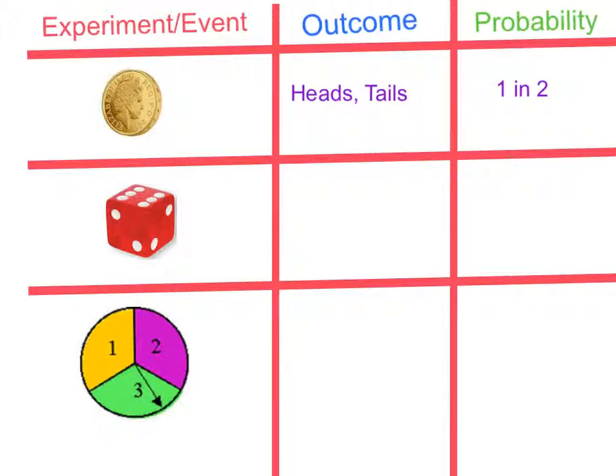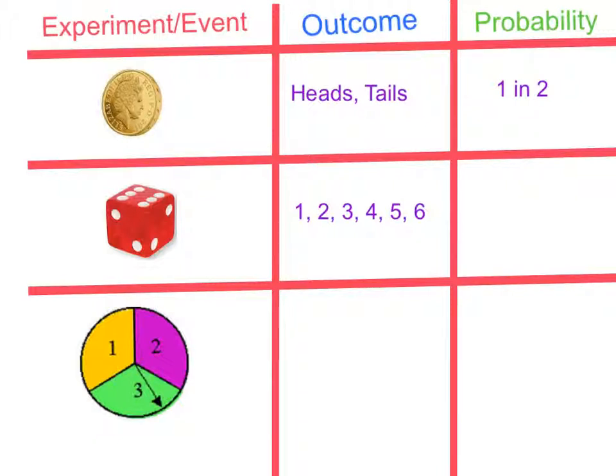Now when I look at rolling a dice, I'm talking about a regular 6-sided dice. So, my possible outcomes. Can you think to yourself, what would the possible outcomes be of rolling a dice? That's it. We have 1, 2, 3, 4, 5, and 6. So my possible outcomes of the event of rolling a die are 1, 2, 3, 4, 5, and 6.